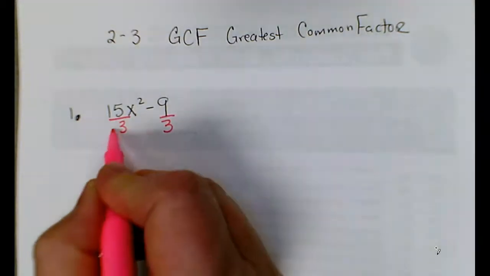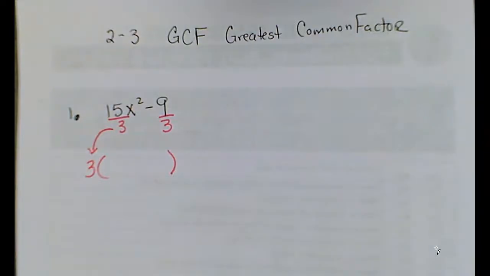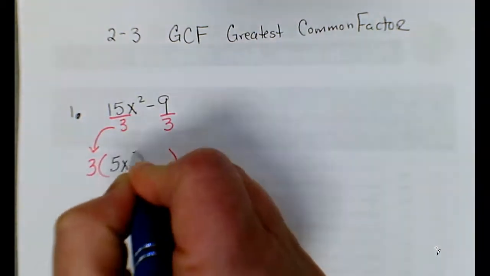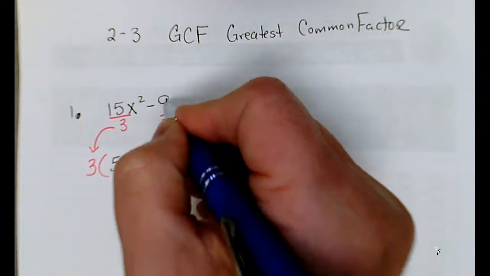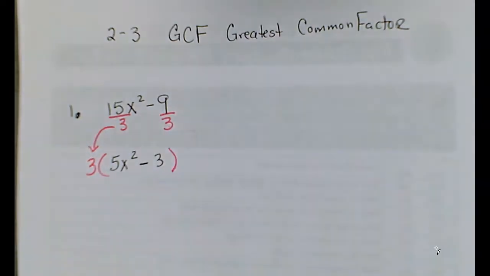I am dividing 3, and it's not canceling out. It's factoring out, and it's going to go out in front, because it doesn't disappear. It just moves out in front. And so 15 divided by 3 is 5, and then I have the x squared. 9 divided by 3 is 3, and still negative.